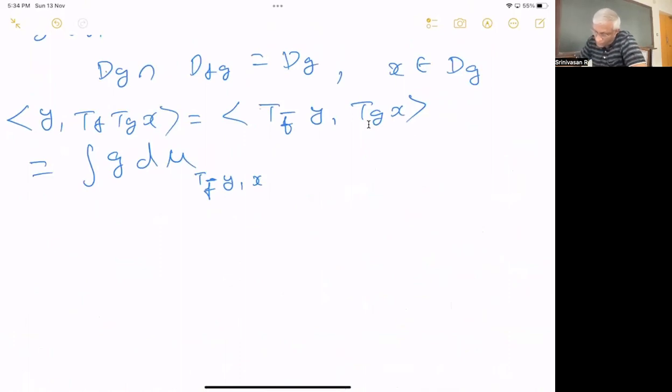Now we have to look at how TFG acts on that. So Y, TFG, FGX. Let me write this. Later, when we do the creation operator, we will not have this much complication because we will not work with the domain. We will assume the exponential domain and work with that.